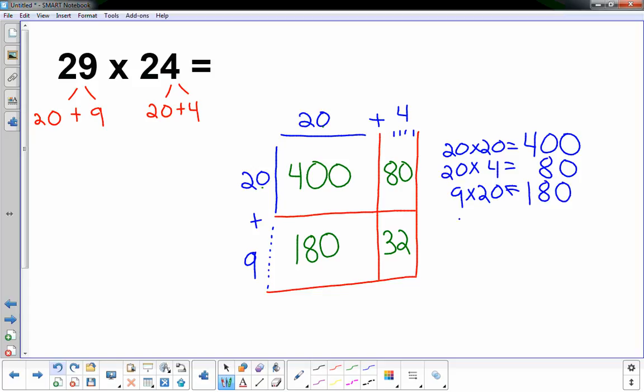And 9 times 4 is 32. And then I add these partial products. 2, 16, 19, carry the 1. Hopefully I did my math right. 696 is the answer.